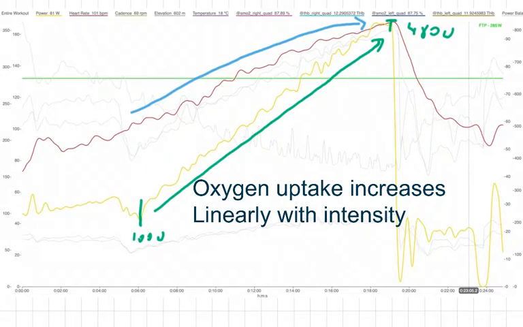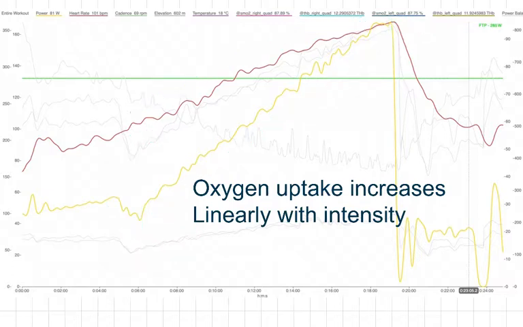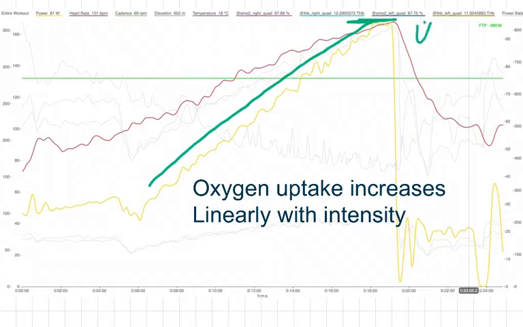Again, under regular everyday circumstances, we can see that with the increase of the heart rate throughout the incremental test. The oxygen uptake continues to increase linearly, but it does have a ceiling, and the ceiling is called the VO2 max.